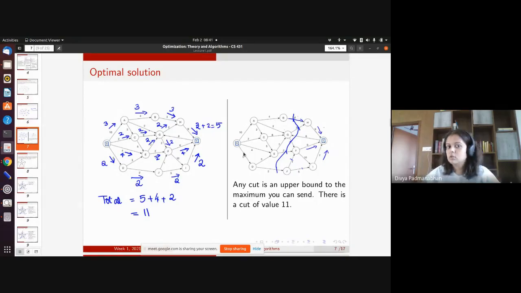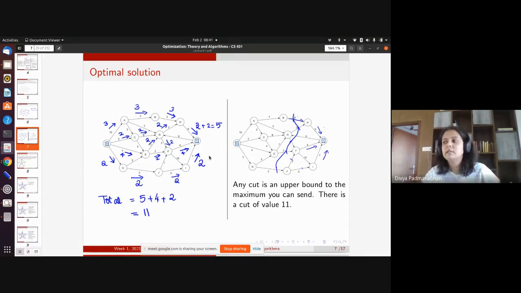So if you want to find the maximum value of the flow, you try to find the minimum value of the cut. It might look a little confusing at this point, and I'm not going to expect you to follow all the logical arguments of how we went about doing this.